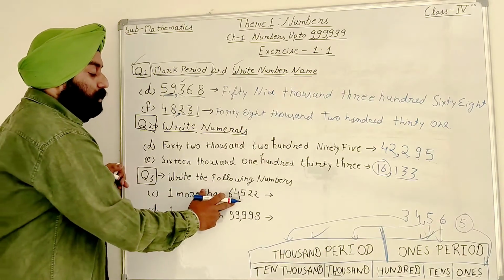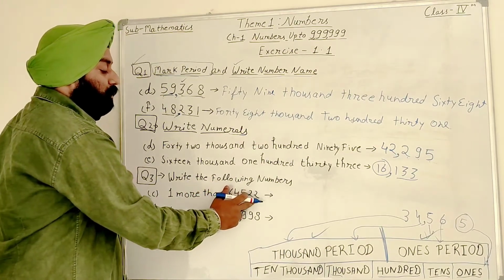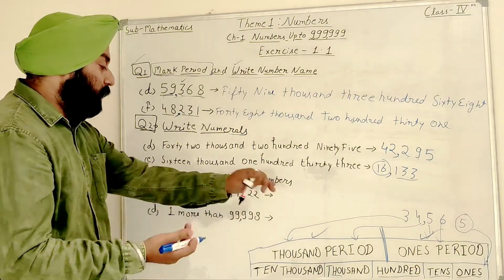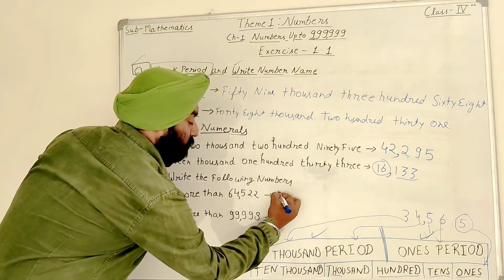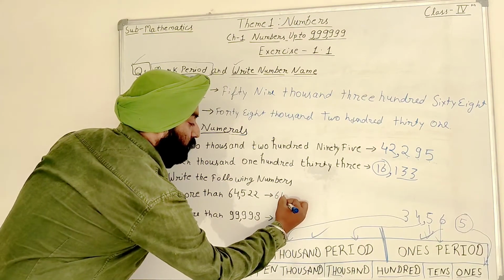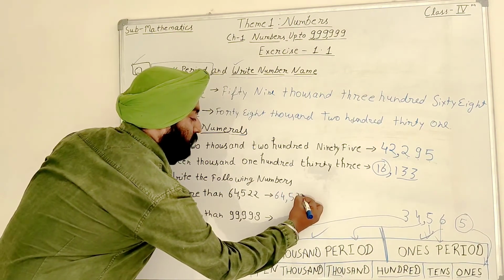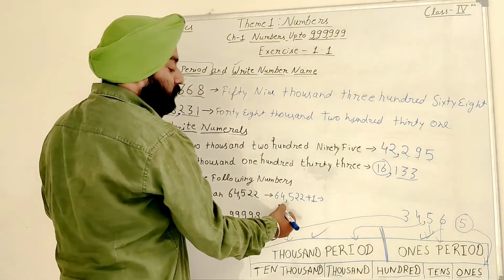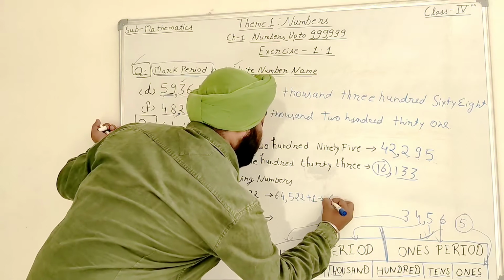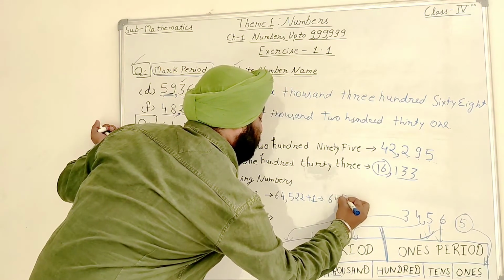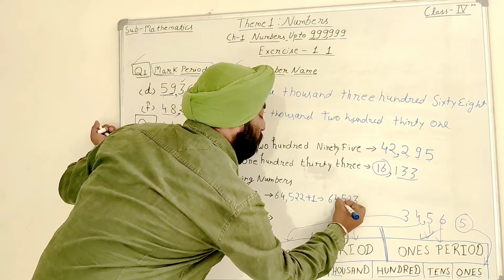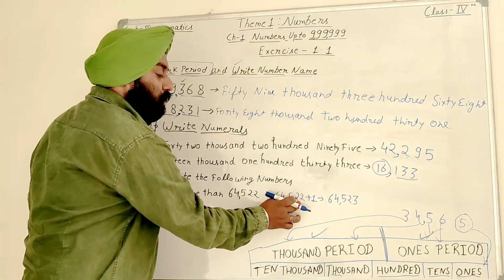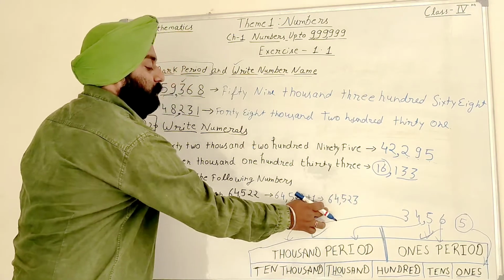Our next question is write the following numbers. 1 more than 64,522. So what we have to do? 64,522 plus 1, we get 64,523. We just added the 1 to 22, that is 23.